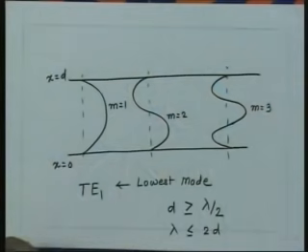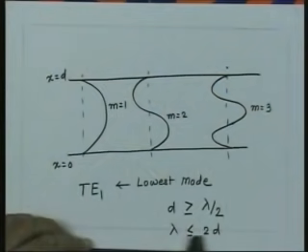So, from here we get an important concept of what is called the cutoff of a mode. That is, when this condition is satisfied, d is equal to lambda by 2, that frequency or lambda is equal to 2d for the equality condition.